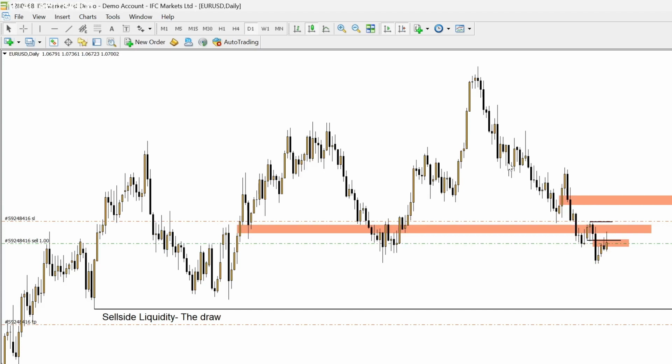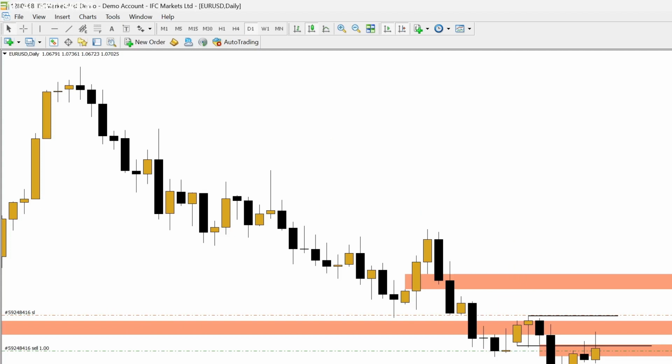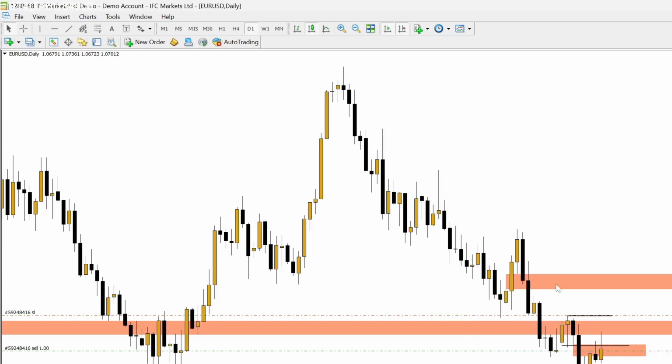How do we know if this trade is going to fail? This is very, very important. If we close above this fair value gap, the odds of our stop loss getting hit become much higher. So we want to see this tiny gap in here hold.